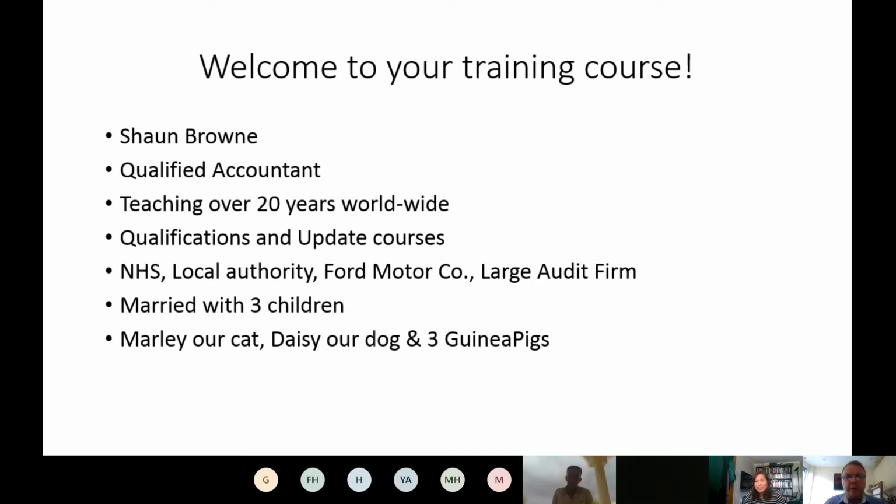These are places I've worked before I became an associate trainer. And you can see based on that it's a wide variety, both in public and private sectors. And the accounting standards, whether it's public or private, overlap into both. So I can bring lots of thoughts and ideas into our conversations together to help you understand the bigger picture.